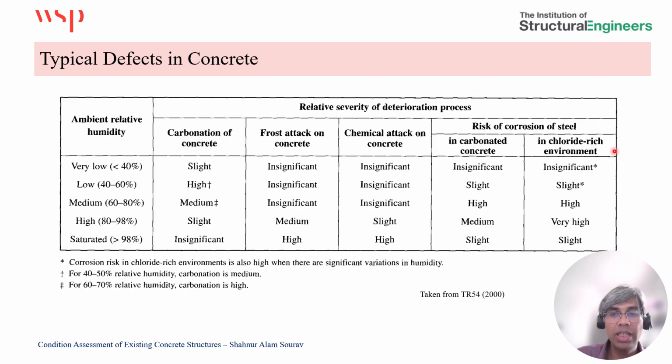Chloride-induced corrosion will happen when the relative humidity is very high, up to 90% or beyond. For all chemical attack to occur, water is a paramount factor. So when concrete is saturated, chemical attack, if it occurs, will have a very high rate as well.